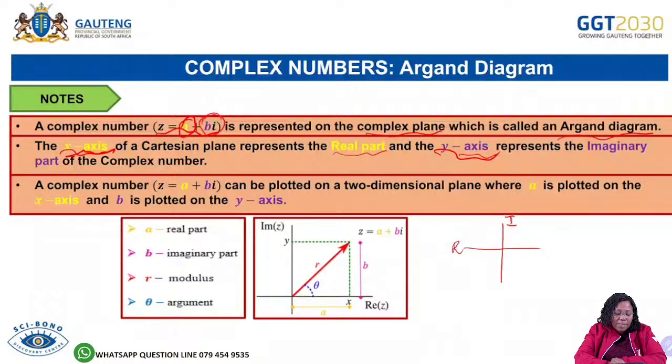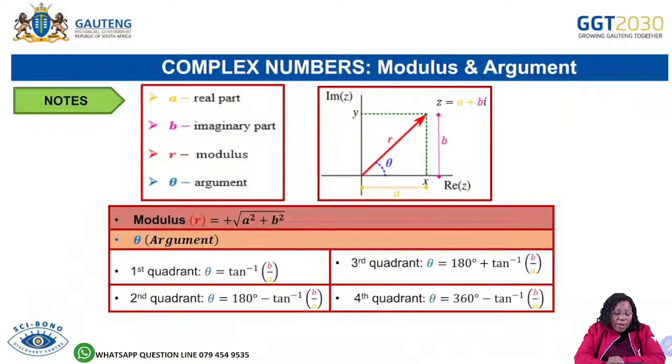And then a complex number z can be plotted on a two-dimensional plane, where a is plotted, I've already talked to that one, and the b will be plotted on the y-axis. And then now a represents the real part, b imaginary. Then we bring in the r and the theta. R is the modulus, what we used to call the hypotenuse side in trigonometry.